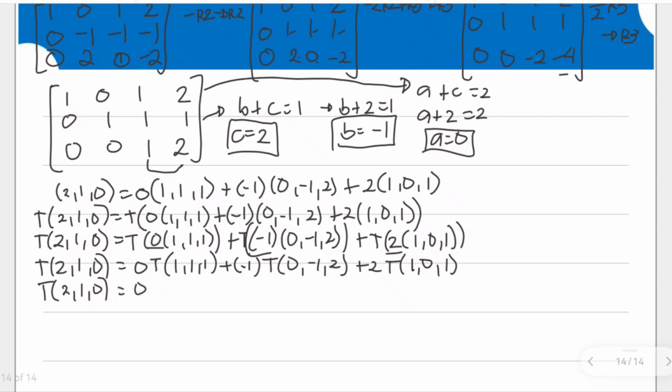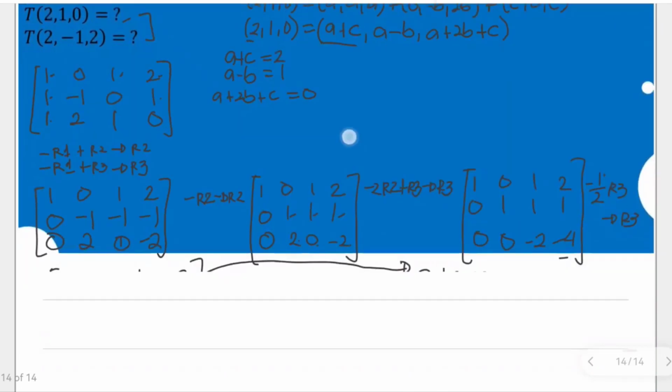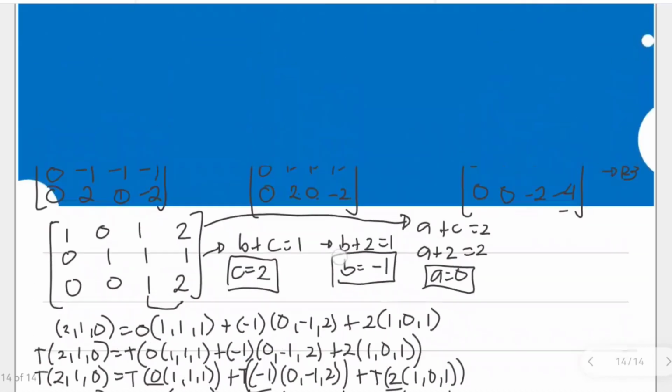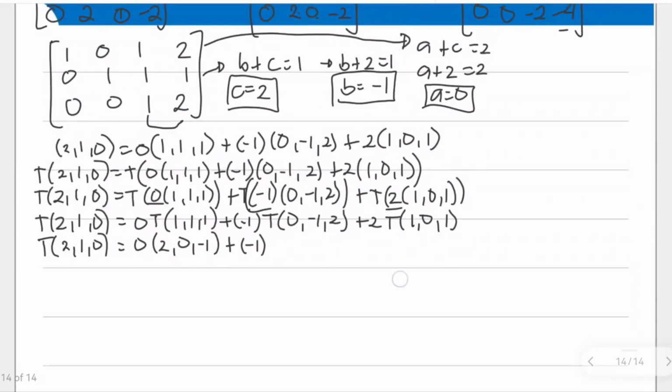That's 0 times the linear transformation of 1, 1, 1, which is 2, 0, negative 1. Plus negative 1 times the linear transformation of 0, negative 1, and 2, which is negative 3, 2, and negative 1.